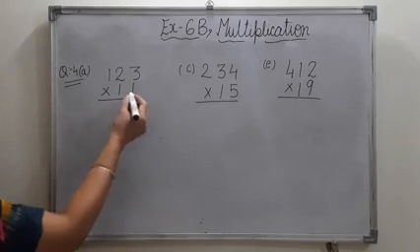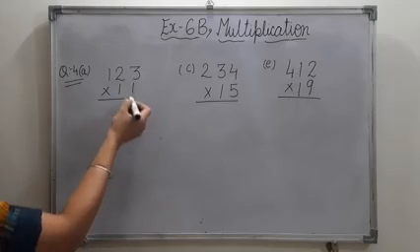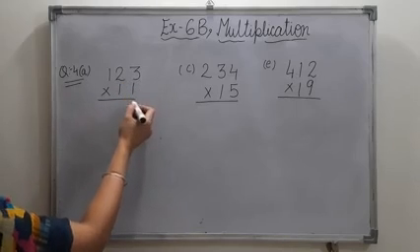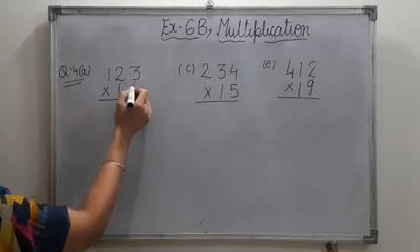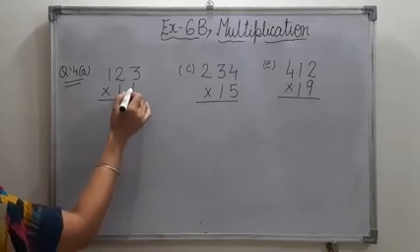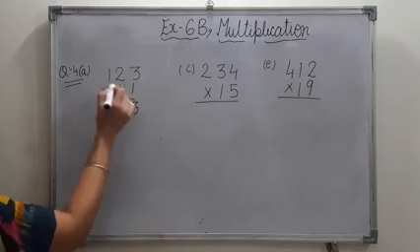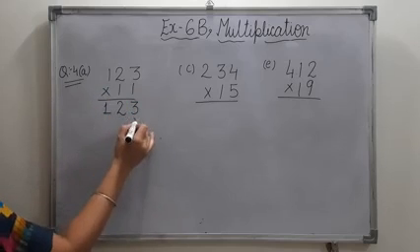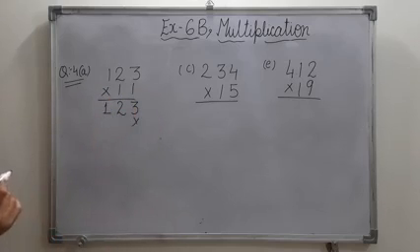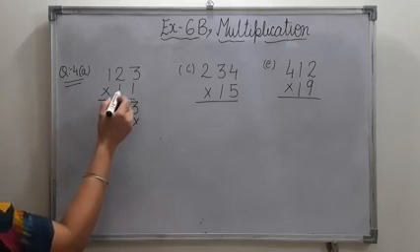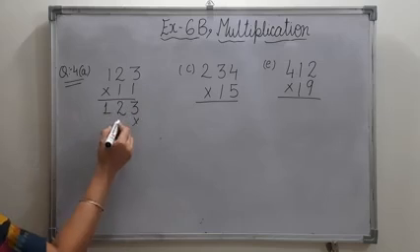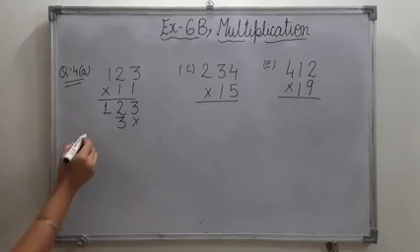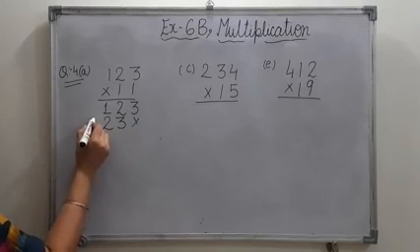Okay, let's see. 1 3s are 3, and 3 1s are 3. Next 1 2s are 2, 1 1s are 1. Next we have to multiply them with the next digit, that is 1 here. Again we will multiply 1 by 3. 1 3s are 3, 1 2s are 2 and 1 1s are 1.